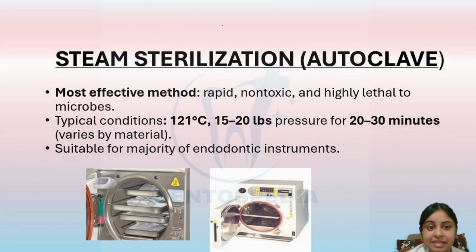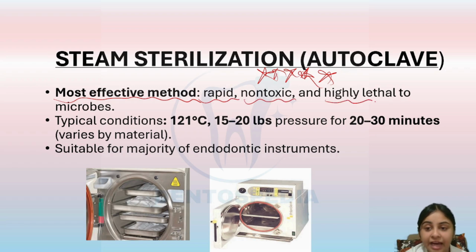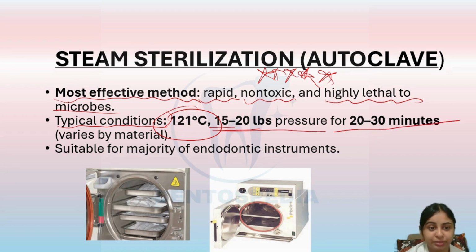So coming to steam sterilization, also known as autoclave, very important from an exam point of view. It is the most effective method. Why? Because it is rapid, non-toxic, and highly lethal to microbes as well as their spores. The typical conditions required are 121 degrees temperature, 15 to 20 lbs pressure, with 20 to 30 minutes.